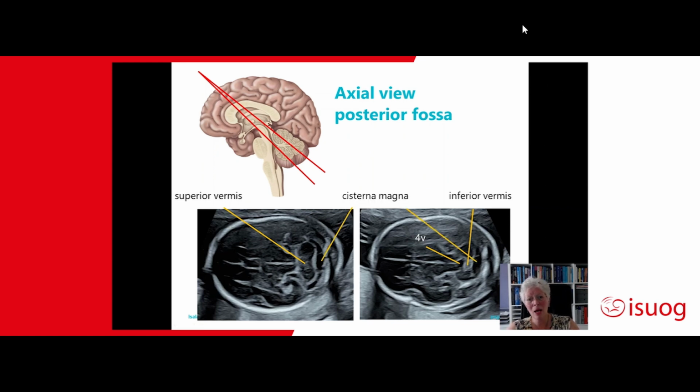And the cisterna magna we find behind the cerebellum. If we measure the cisterna magna, this should not exceed 10 millimeters. And then, of course, we can also measure the transcerebellar diameter, which in millimeters should be the same as the gestational age in weeks.